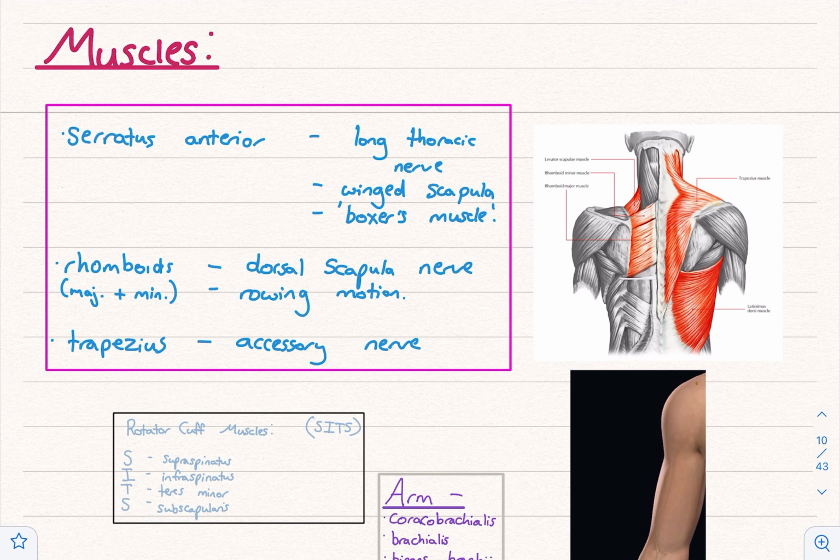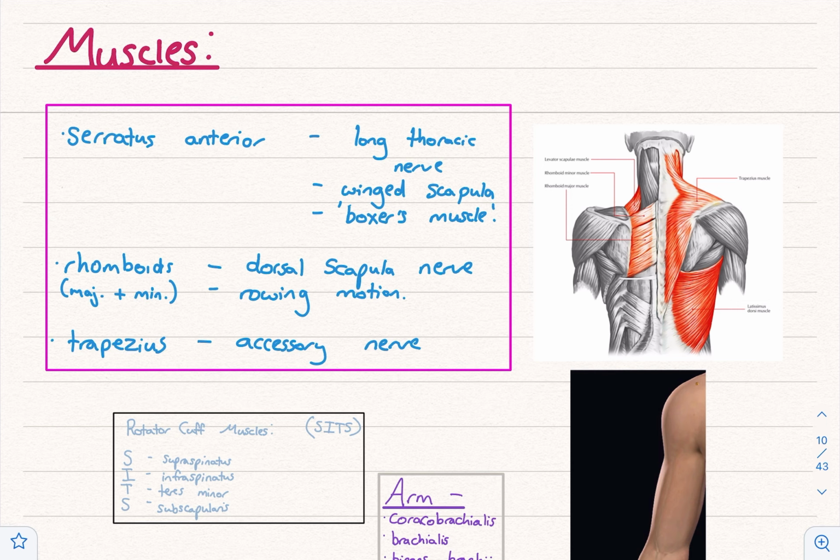It's also described as the boxer's muscle, because boxers have a really big serratus anterior. What do boxers do? They punch people. If you just do the punching motion, you're activating your serratus anterior. If that muscle is injured, it's attached to the scapula.